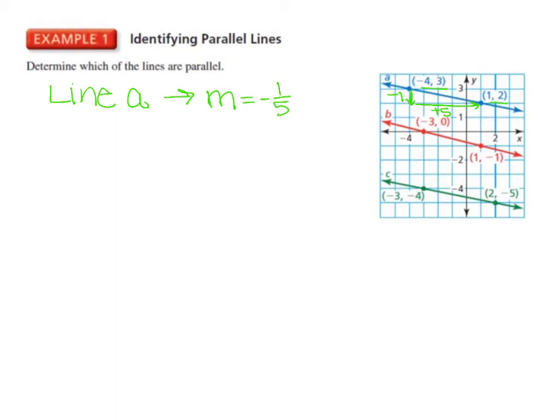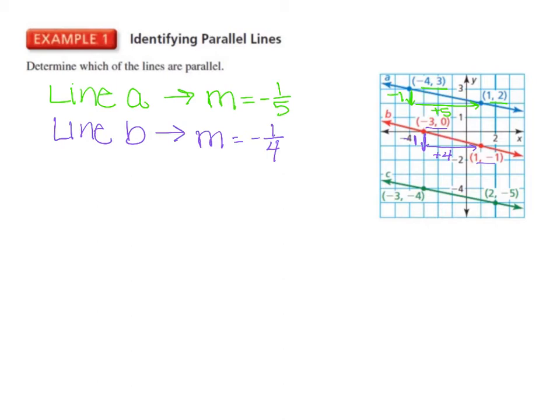Line B, I could use those points to find my slope. Right? I could put them in a table also to find my slope, or I could just count on my graph. It looks like I go down 1, and this time only to the right 4. So my slope for line B is negative 1/4.